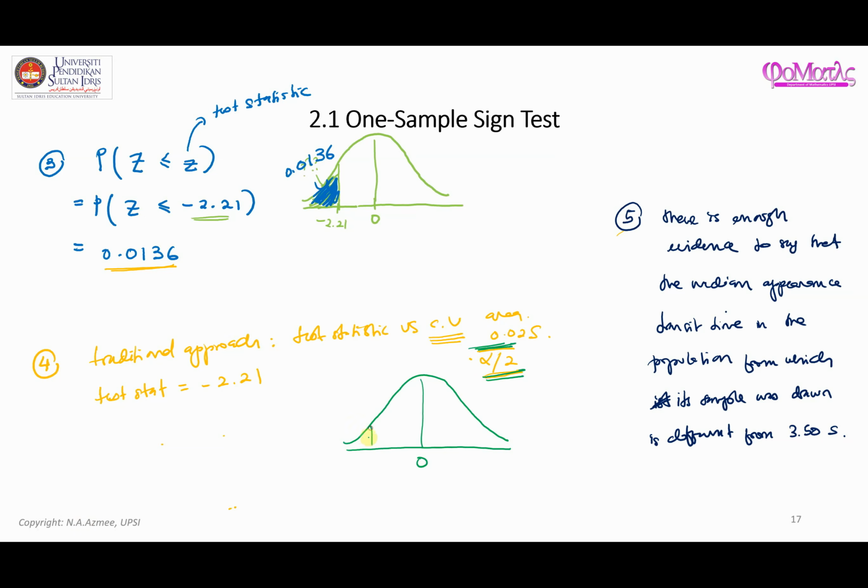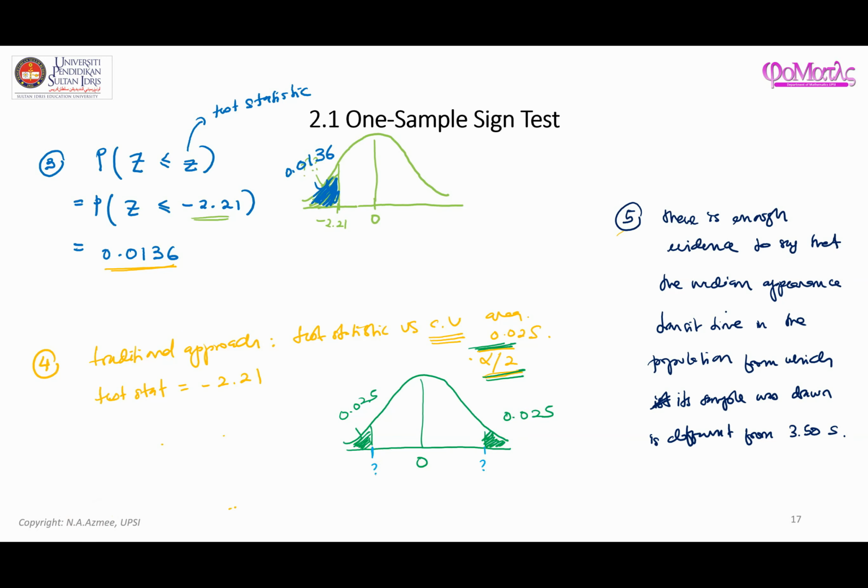So here there will be an area of 0.025, and here is also an area of 0.025. And you need to find the critical value here, over here, and that side.